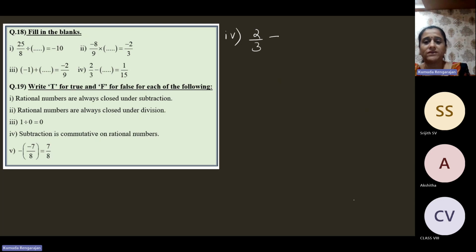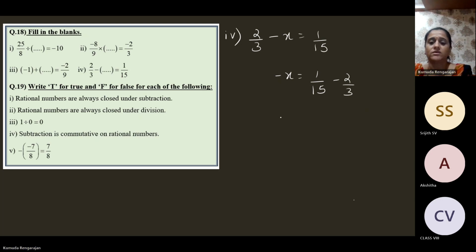2 by 3 minus x is equal to 1 by 15. So minus x is equal to 1 by 15 plus 2 by 3: the 2 by 3 goes to the other side as minus 2 by 3. So minus x is equal to, with 15 as the common denominator, 1 into 1, 1 into 5, 5.